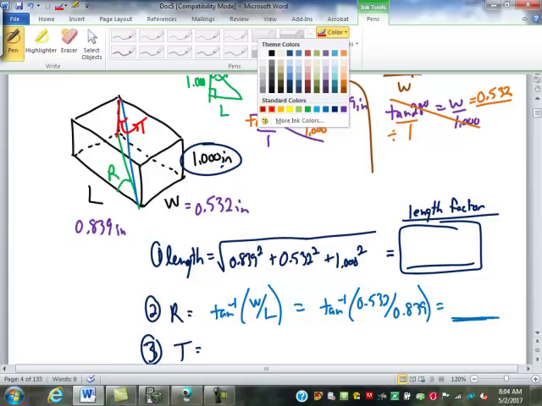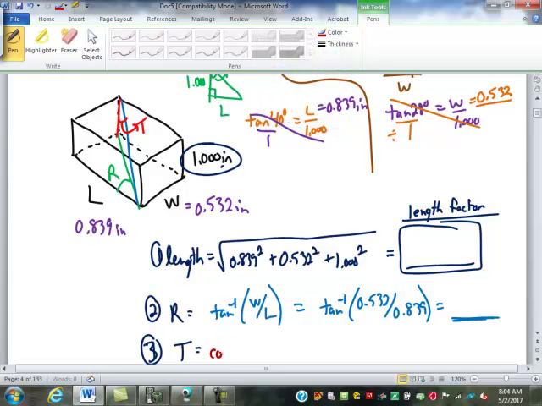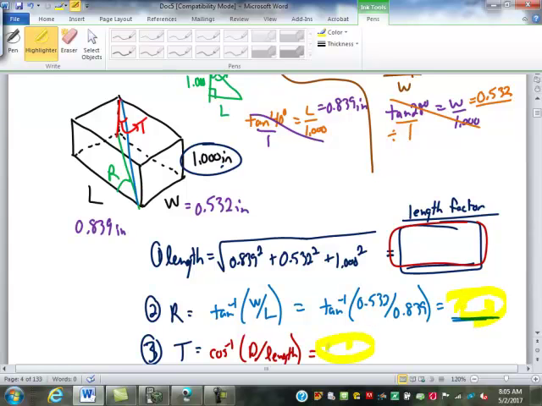T is going to be found as the inverse cosine of that thickness, depth, we're going to call it, divided by the length of that cut. Now we're using the length factor. Whatever this number is is what we're going to use in there. So that'll give us the actual angle T. So we get the actual angle of rotation and the actual angle of tilt. The only thing that we don't get is the actual length of the cut. But we calculate that length factor because we need it to find our T, or tilt.